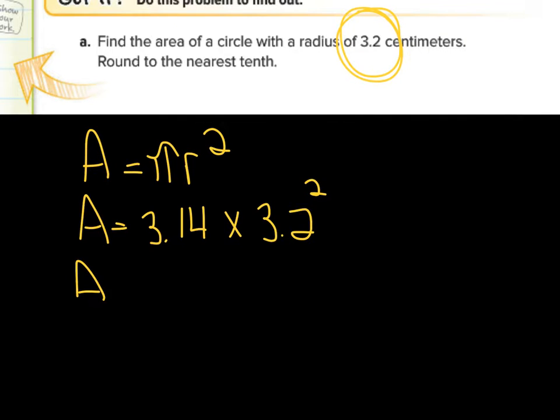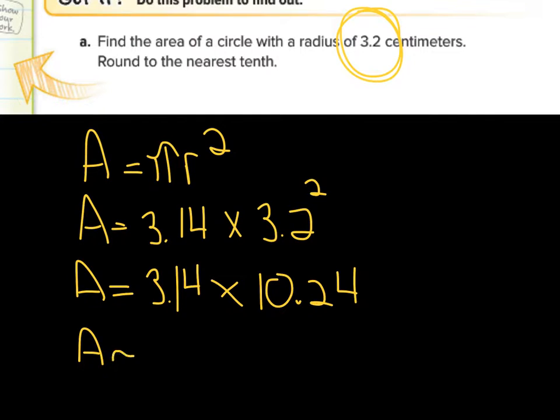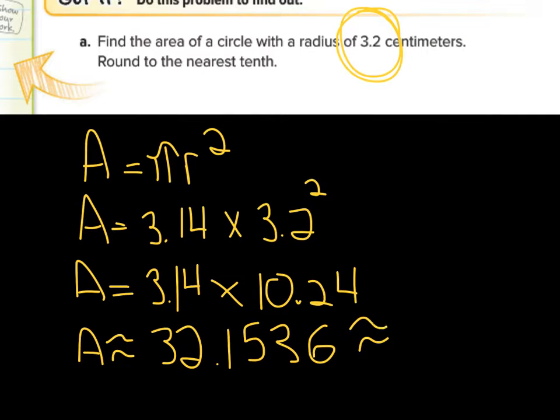I get area is approximately 3.14 times 3.2 times 3.2 is 10.24, and then area is going to be approximately 32.1536, which is approximately, to the nearest tenth, just the first decimal place, 32.2.